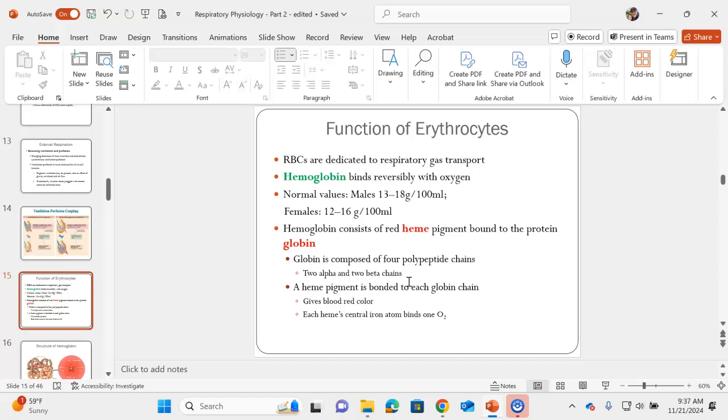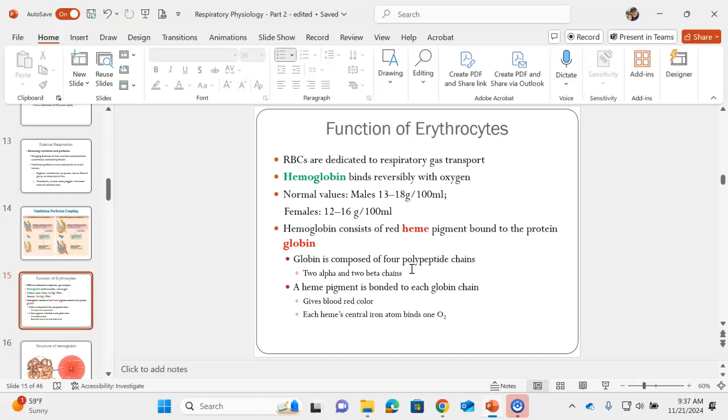And at the central core of that heme pigment, there is an iron atom that has the capacity to bind with one oxygen atom, or sorry, molecule. And so what that tells us is that a single hemoglobin molecule has the oxygen carrying capacity of four oxygen molecules.